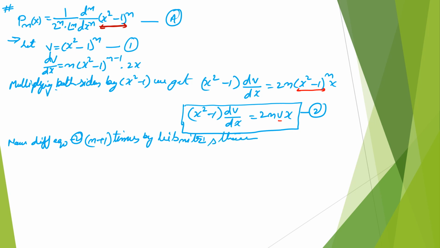So we implement it. For this, this is first, this is second, and over here 2n is constant. This is first and this is second.